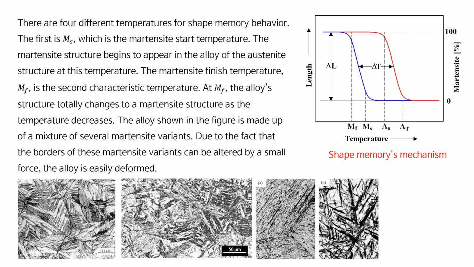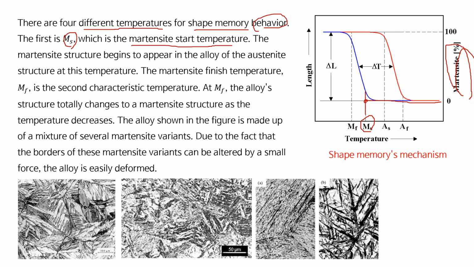There are four different temperatures for shape memory behavior. The first is Ms, the martensite start temperature. At this temperature, there is no martensite, so the percentage of martensite is 0.